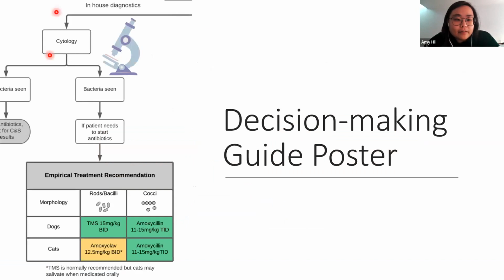Once they've done the in-house urinalysis and looked under the microscope, if they see rods, TMS is the recommended treatment, and if they see cocci, amoxicillin should be their go-to.